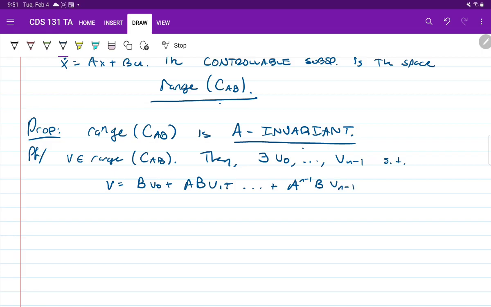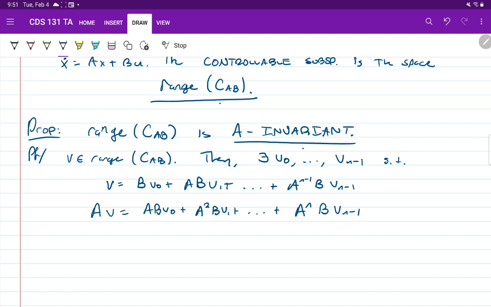Okay? What I want to show is that A times v still belongs to my space. So Av is equal to AB v_0 plus A^2 B times v_1 plus A^n times B v_{n-1}. Now, what do I do?